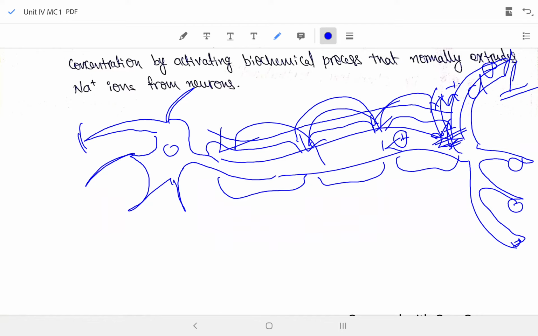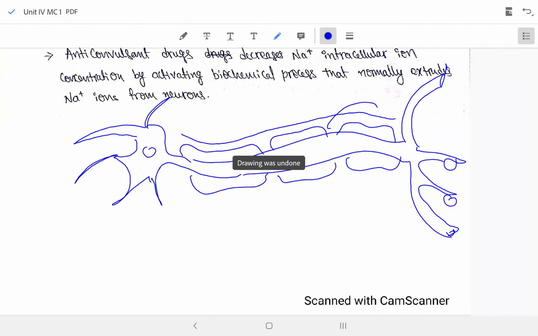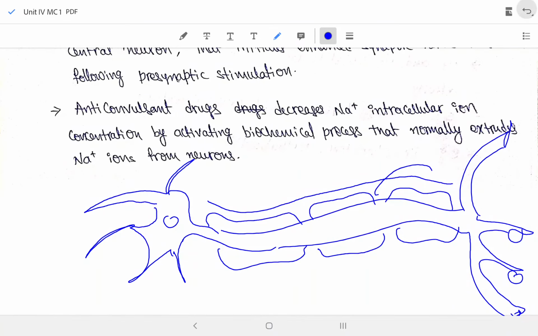So when a disease condition like epilepsy, convulsions or seizures happens, what is happening inside the neuron? In signal transduction, sodium is accumulated inside the cell. That means there is more depolarization of the cell.